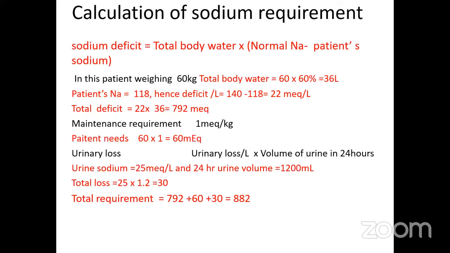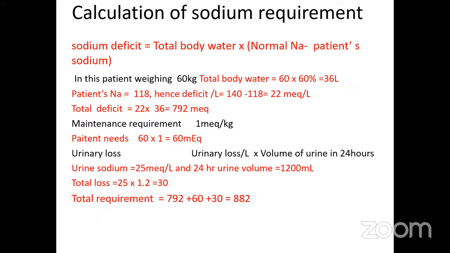So how will you correct sodium deficit? It is total body water into normal sodium minus patient sodium. So this patient is weighing 60 kg. So for a 60 kg adult, the total body water is 60 into 60%. That is 36 liters.